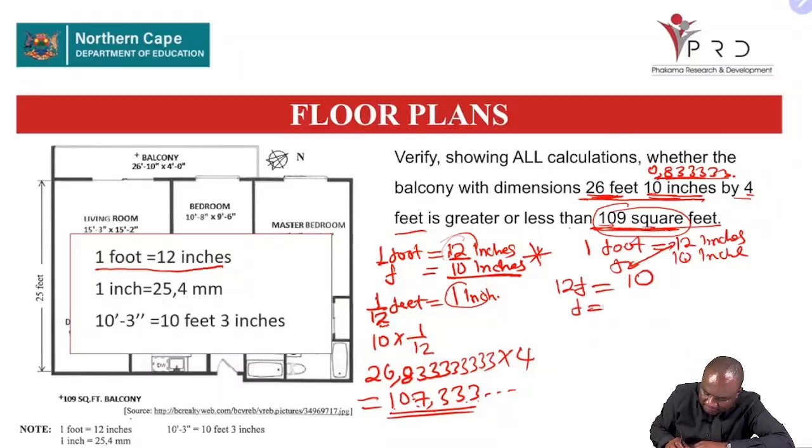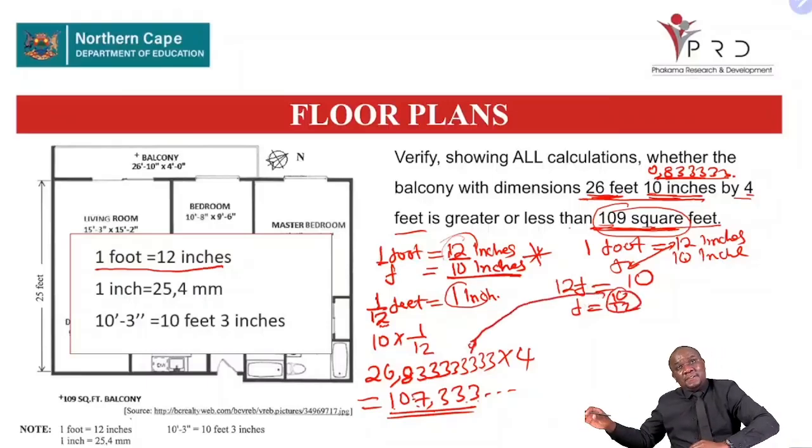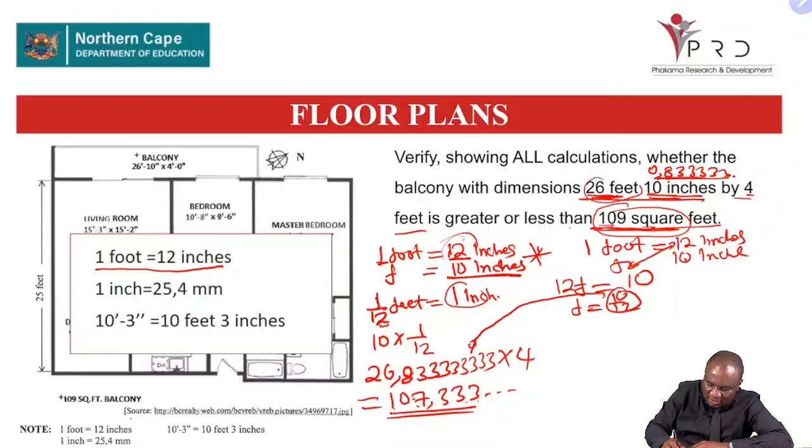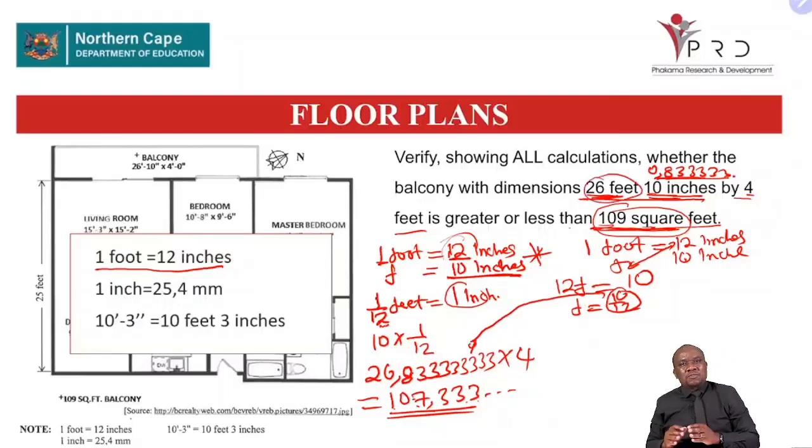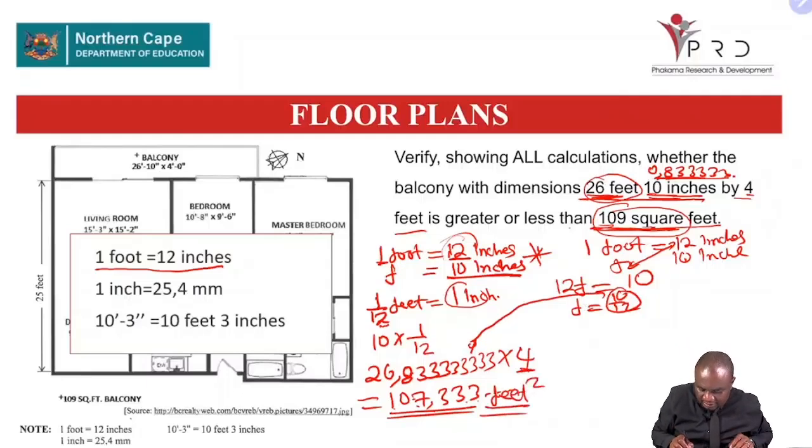Then for your F, divide by 12 on both sides. 10 divided by 12 gives you 0.833333. Then you add that to 26, and it becomes 26.833333 feet. That's your length times your width, because the area of a rectangle is length times width. Then you get your area, which is in square feet. Then you can compare now.